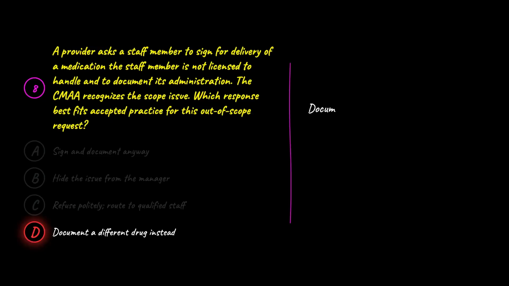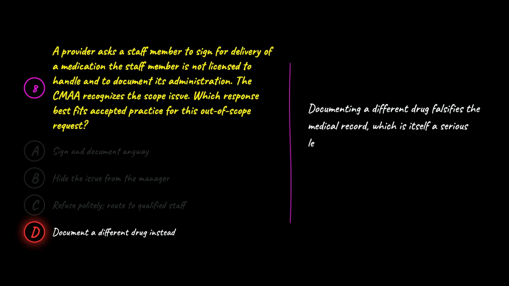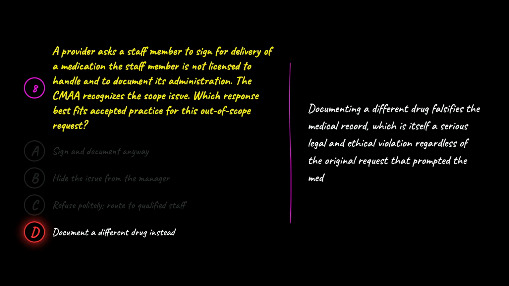D is wrong because documenting a different drug falsifies the medical record, which is itself a serious legal and ethical violation, regardless of the original request that prompted the medication handling question to the staff member.